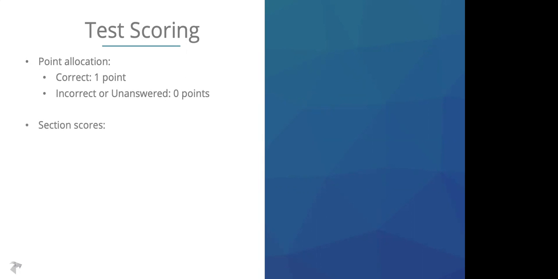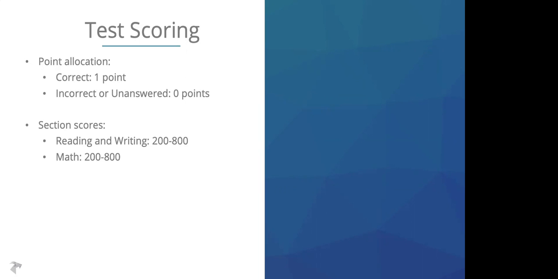So how does scoring work? You receive 1 point for every correct answer and 0 points for incorrect or unanswered questions. So there's no penalty for guessing on the SAT. You're going to receive scores in 3 areas: reading and writing, and then math.